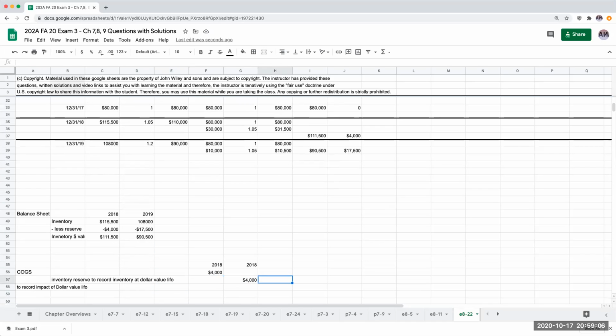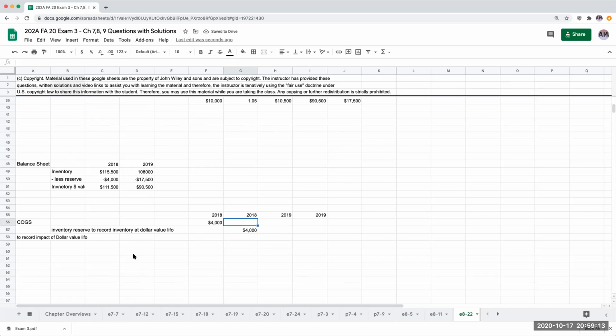Okay, here's the fun part. When I'm doing my reserve to adjust to dollar value LIFO, we'll call this my inventory reserve, and this will be a contra-asset type account.